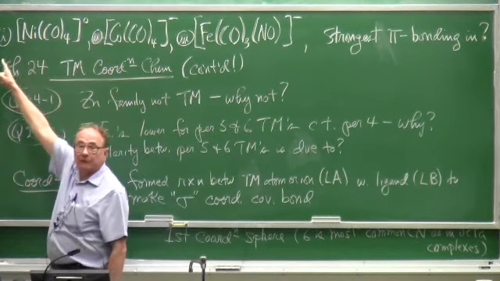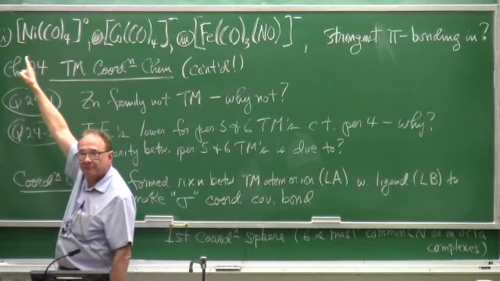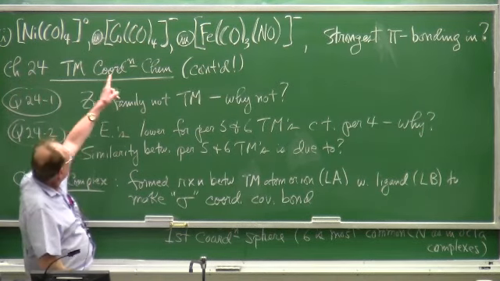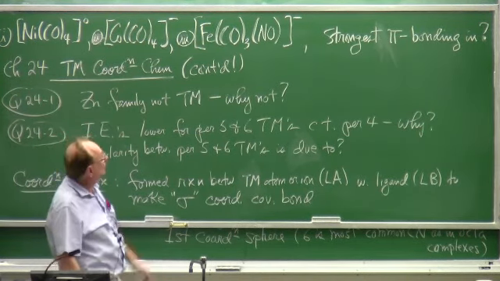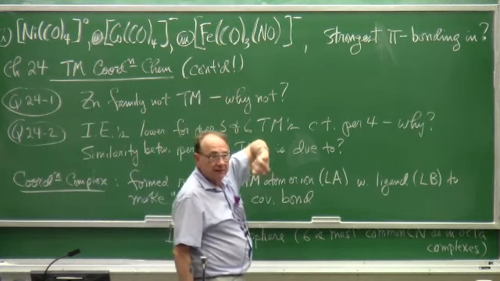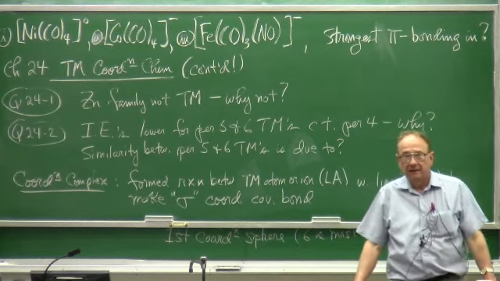In this complex labeled 1 for reference, what's the oxidation state of the metal? In this complex labeled 2 for reference, what's the oxidation state of cobalt? -1. And in this iron complex, -2.